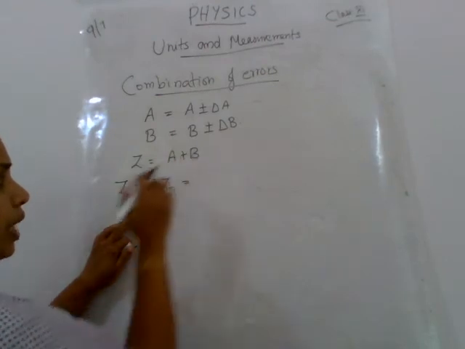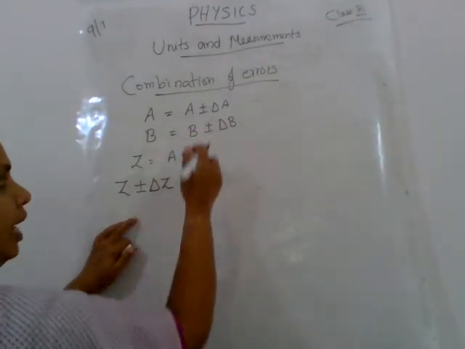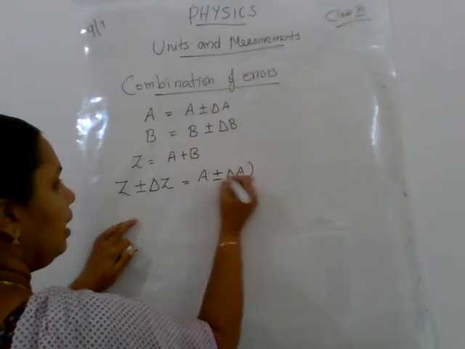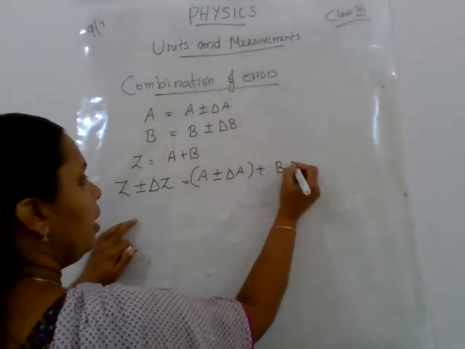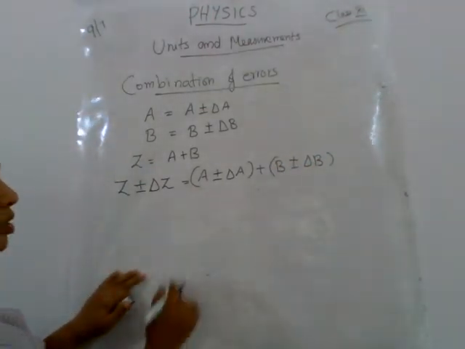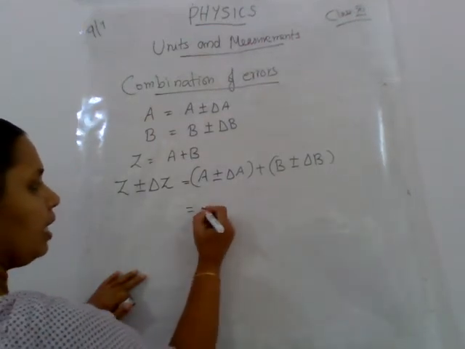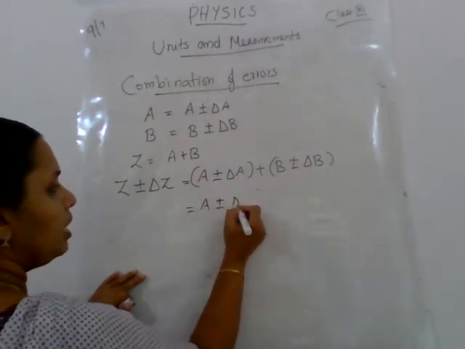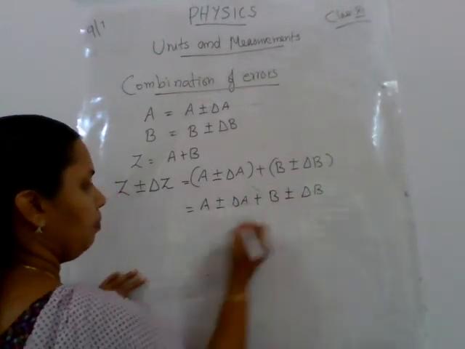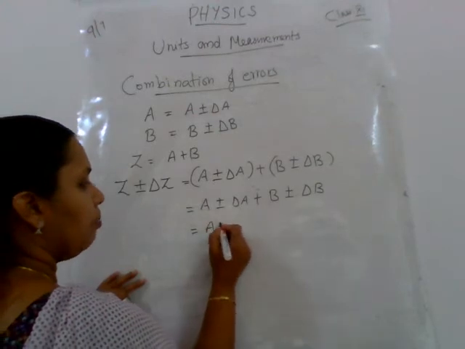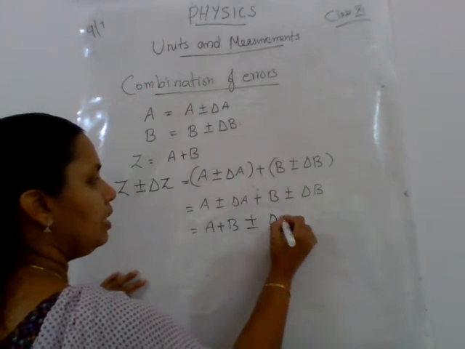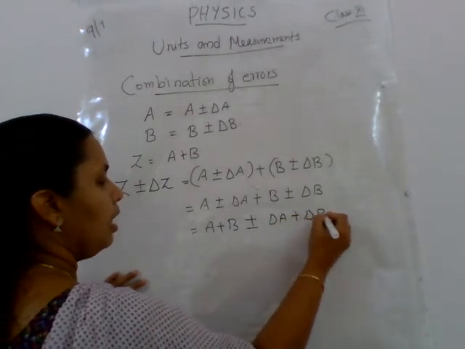We know Z is equal to A plus B, so we can substitute for A and B. A is equal to A plus or minus delta A, plus B plus or minus delta B. So rearranging this, opening the bracket, we get A plus or minus delta A plus B plus or minus delta B. Again taking A and B together, A plus B plus or minus delta A plus delta B.